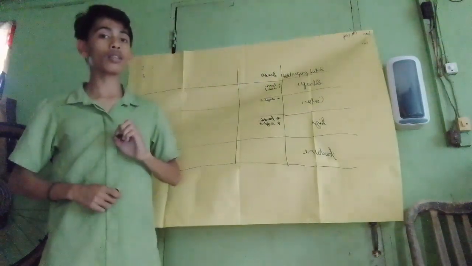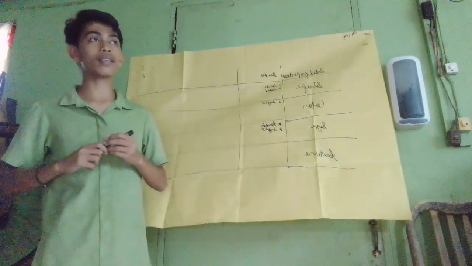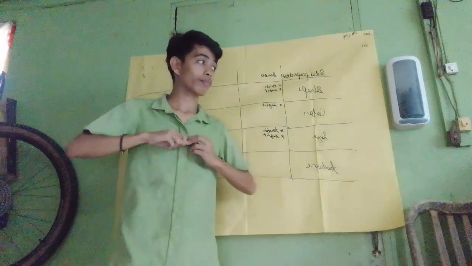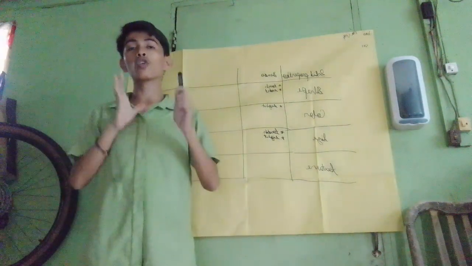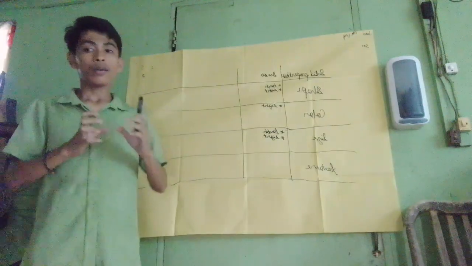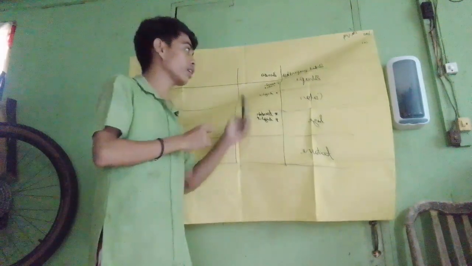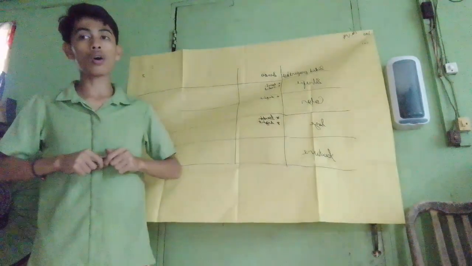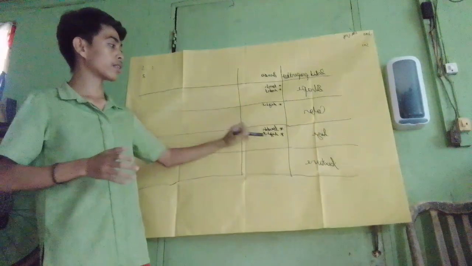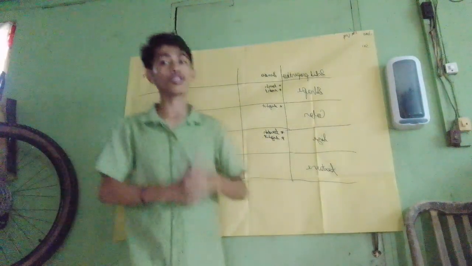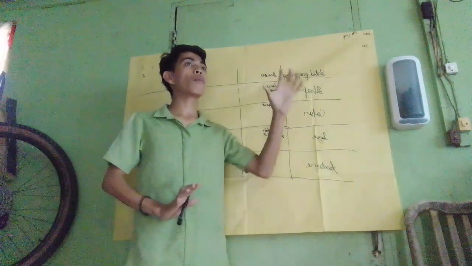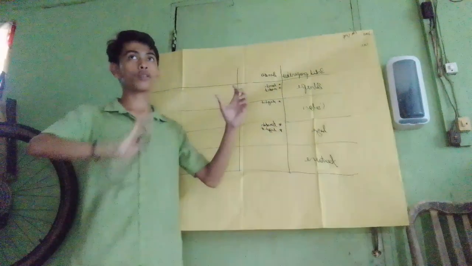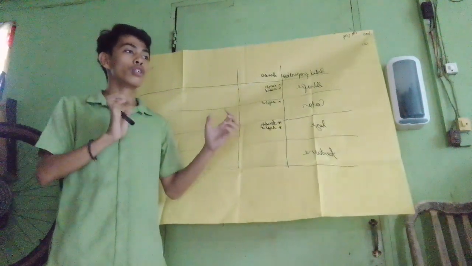Obviously, we see the differences if we compare one object. For example, one apple and another smaller apple.